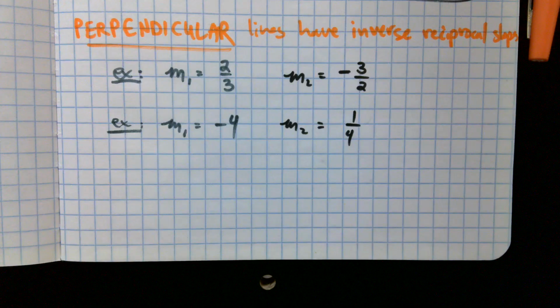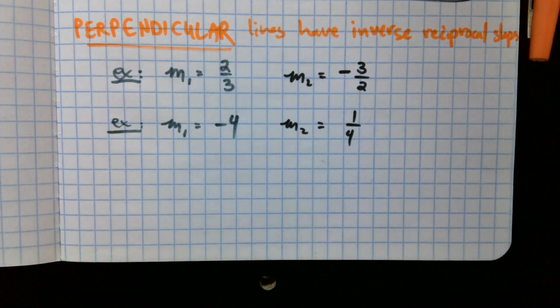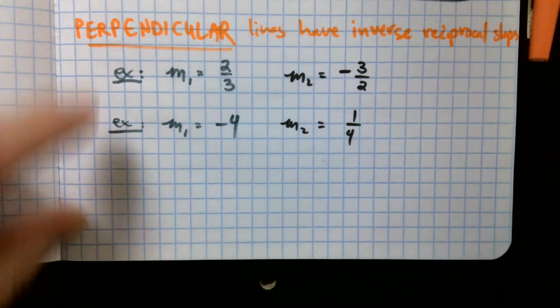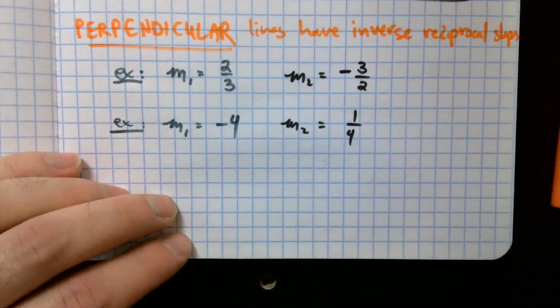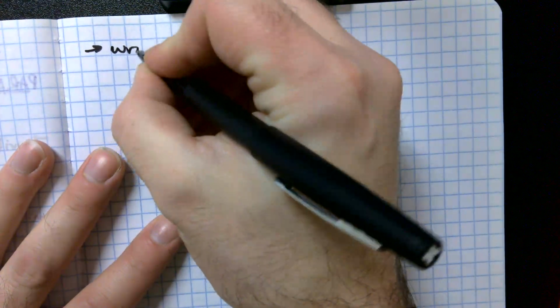Right? So if it says parallel, real easy, just take the same slope. If it says they're perpendicular, we've got to do slightly a little bit more work. It's not that bad. We've got to flip the sign and flip the fraction. Okay? Anyone still writing that? No? Okay. Let's write the equation.